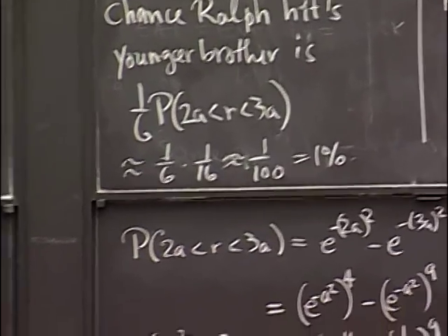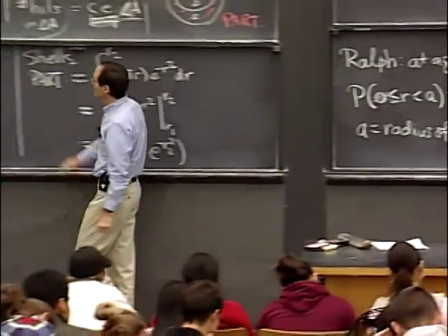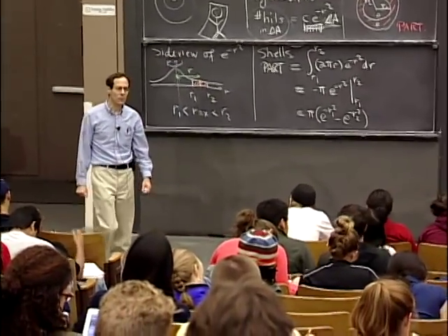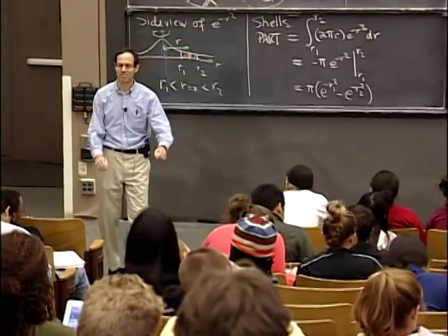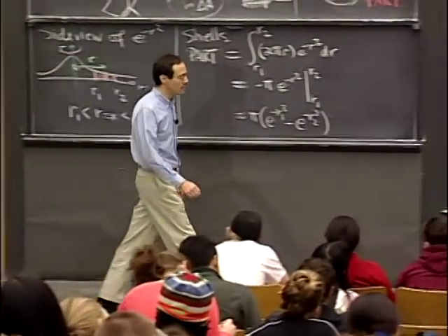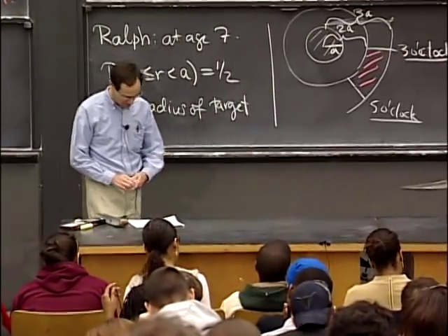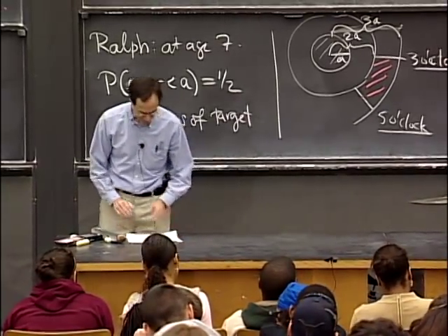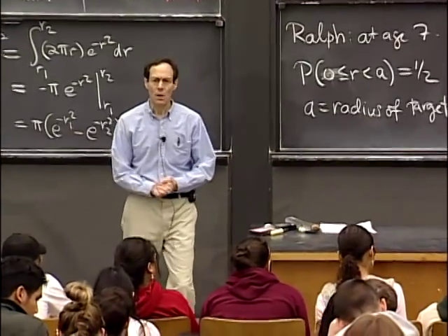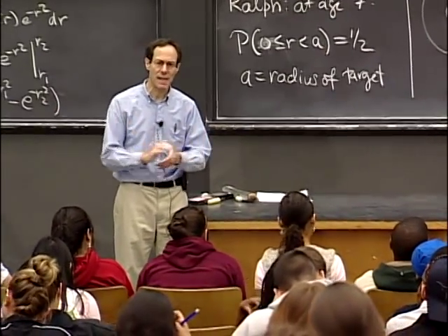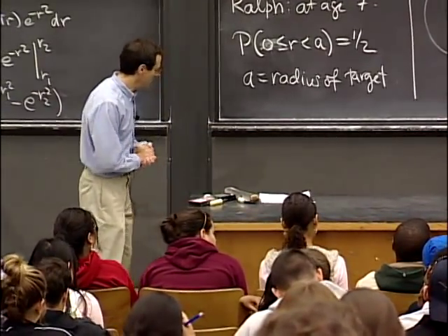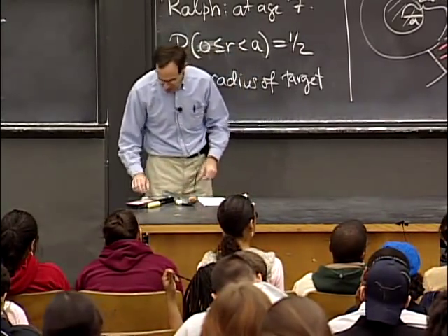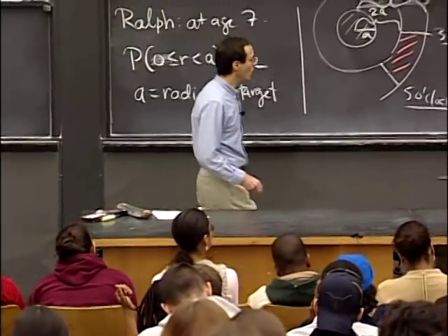So if I stood there for 100 attempts, then my chances of getting hit were pretty high. All right? So that's the computation. Okay, that's a typical example of a problem in probability. And let me just make one more connection with what we did before.